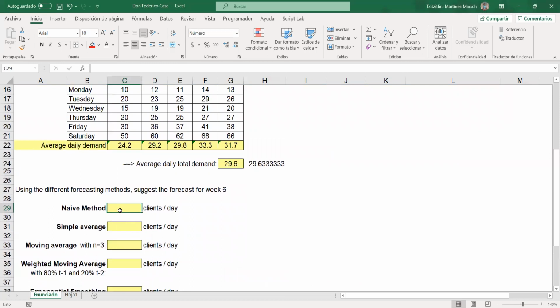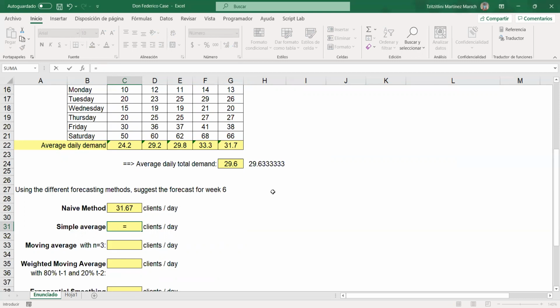When we go in and we start with our methods, we saw the naive method, and the naive method was just to take in consideration that the forecast of the period before is exactly the same as the forecast for this period. So the naive for week 6 is going to be the actual data that we have for week 5, okay? The simple average is, like it says, a simple average.